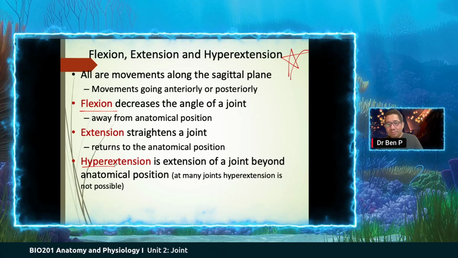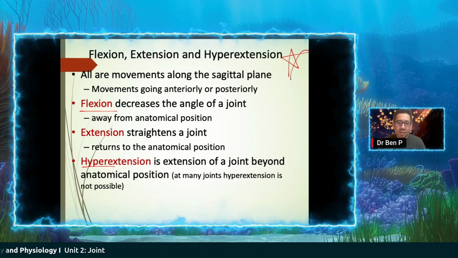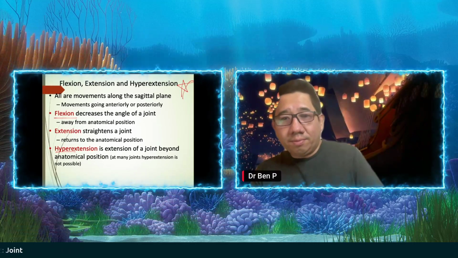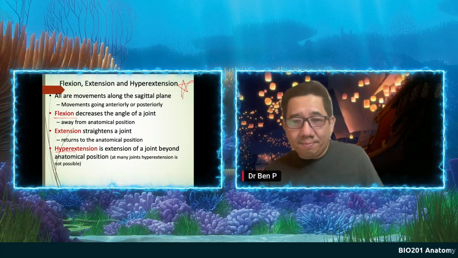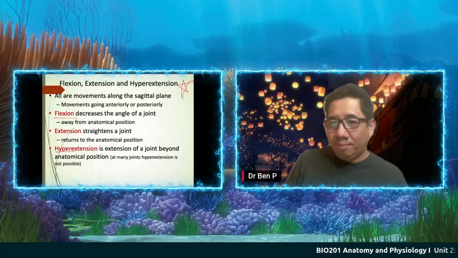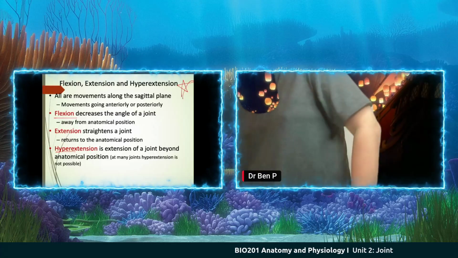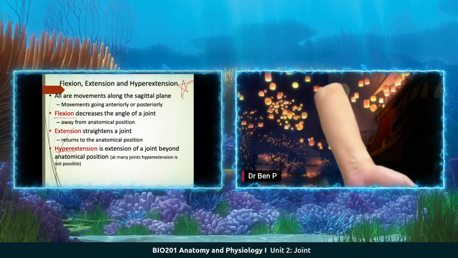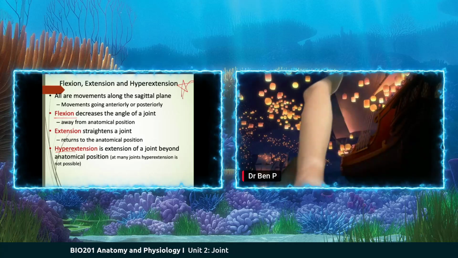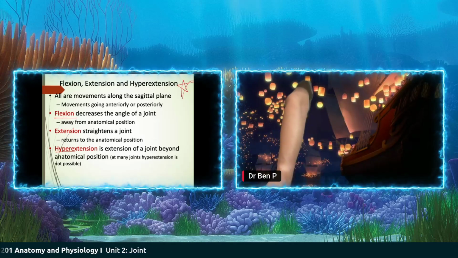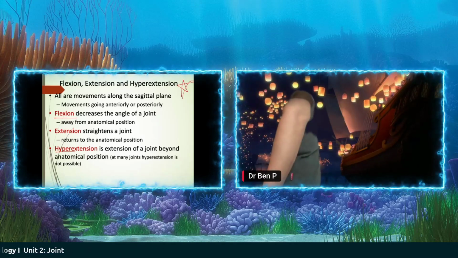Your arm, harder for me to show, but if you're standing up, you could have your arm flex. Let me show you. Flexion would be moving forward like this. Or let's see, on the side. Okay, flexion, right? Coming back is extension.